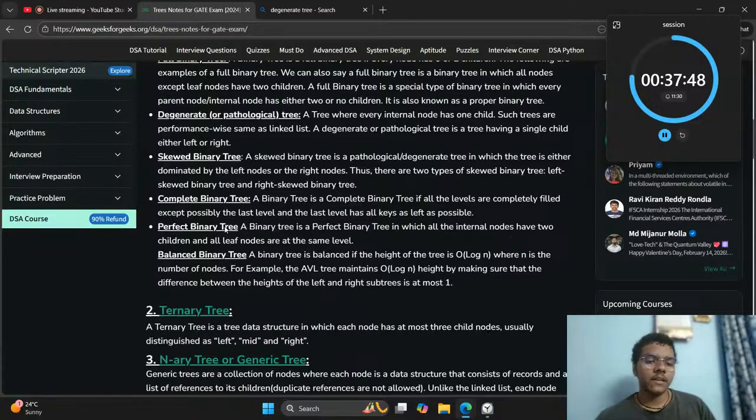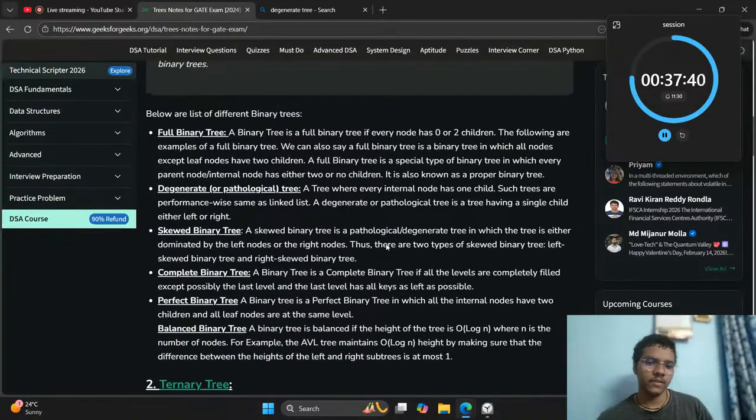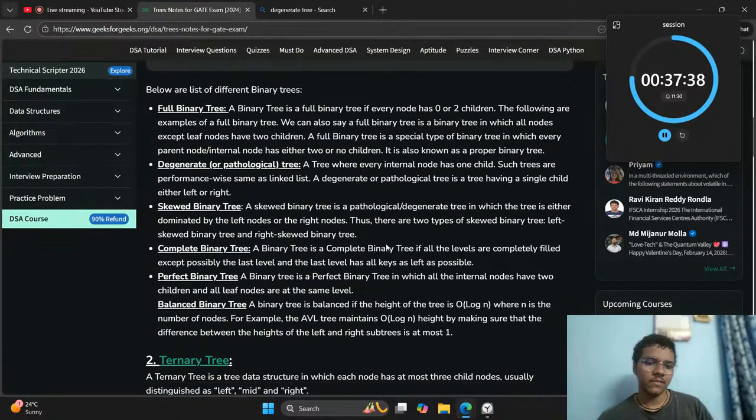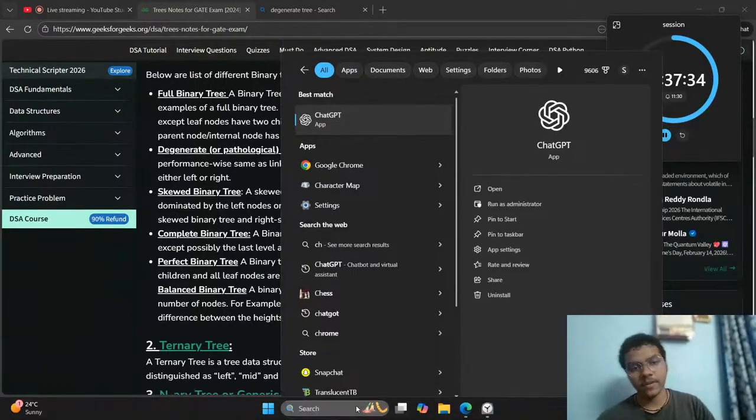Perfect binary tree. A binary tree is perfect if all the internal nodes have two children and all leaf nodes are at the same level. Is there any difference between a full binary tree and a perfect binary tree then?